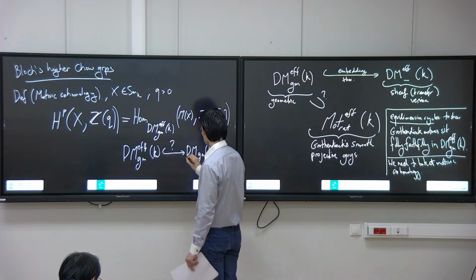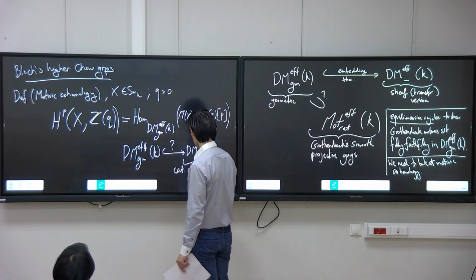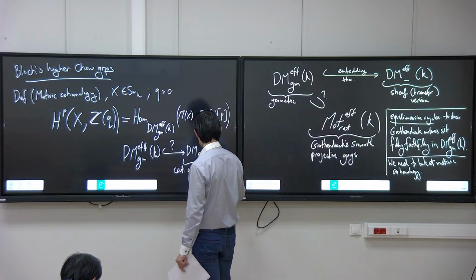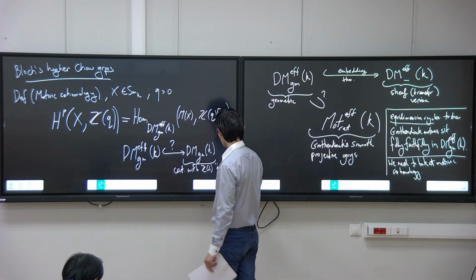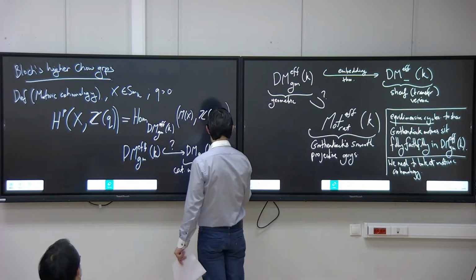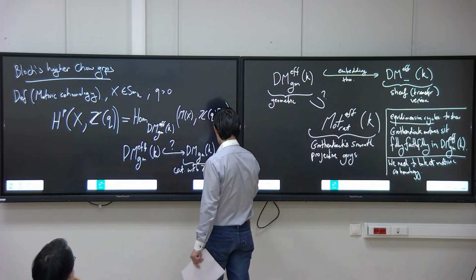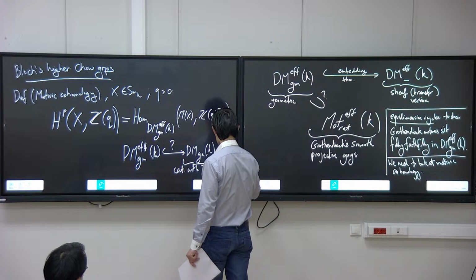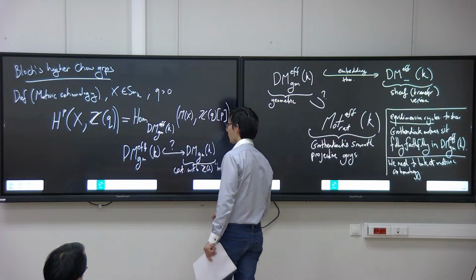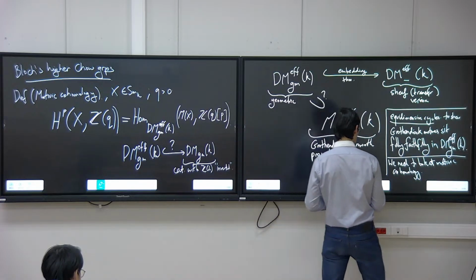This is the category with Z(1) inverted, which I roughly defined in the first lecture. Anyway, for now let's consider q greater than 0 so that the definition makes sense.